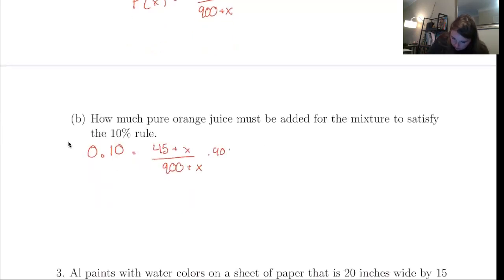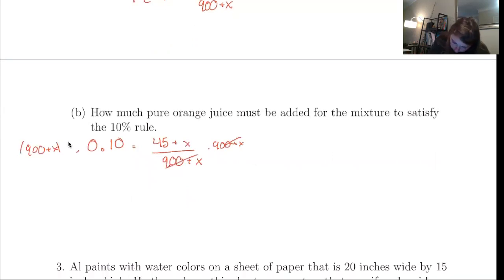I want to multiply 900 plus x onto both sides. These cancel out because anything over itself is just 1. So I get 0.1 times 900 plus x equals 45 plus x.